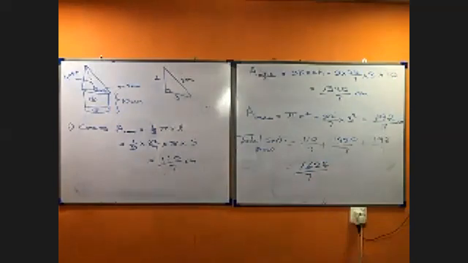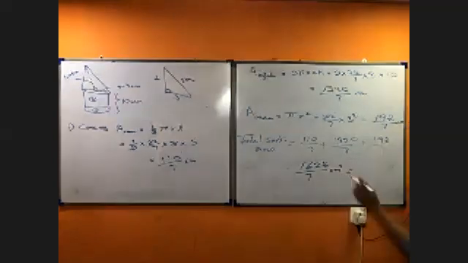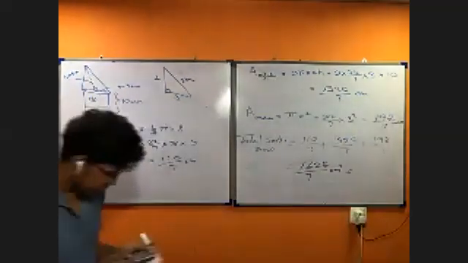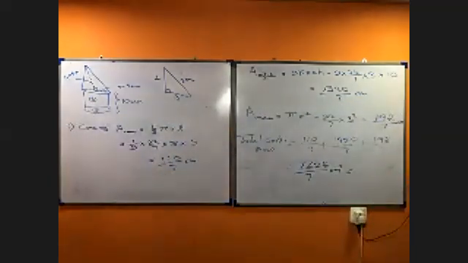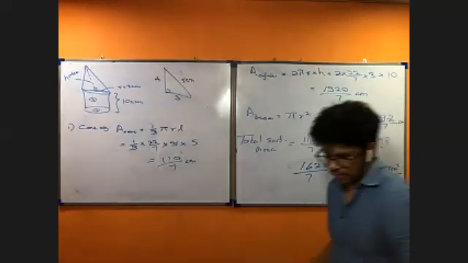Divided by 7 centimeters squared. You can simplify and find the answer. 1628 divided by 7 is going to give you 232.57 centimeters squared. That is the total surface area.